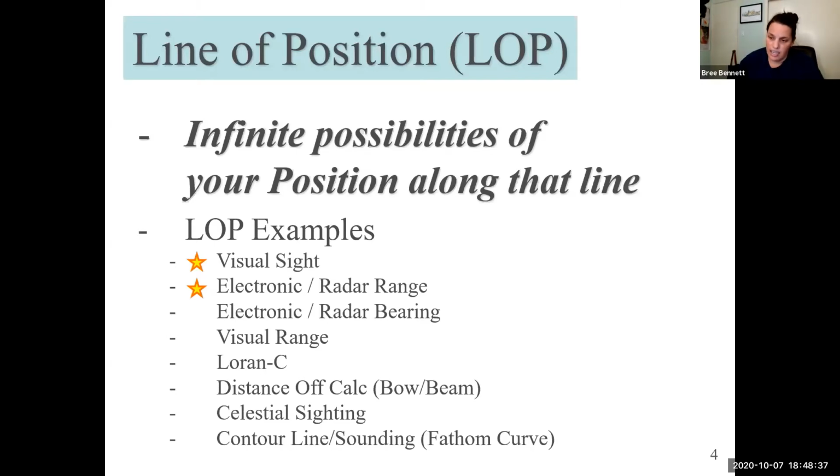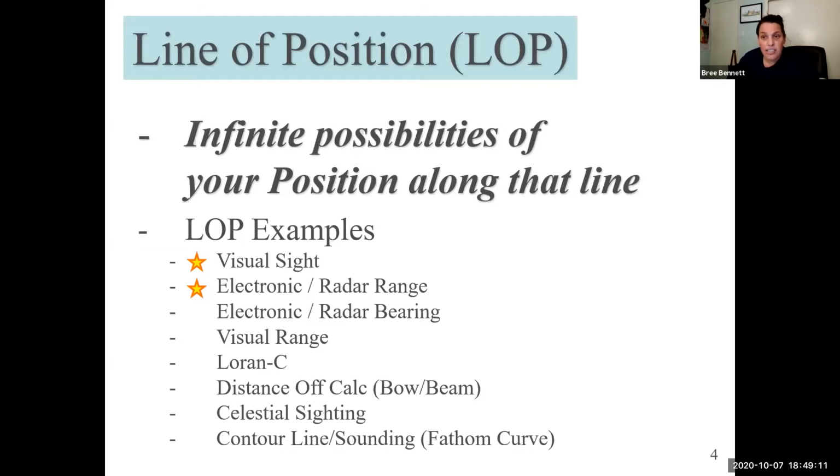Loran-C is on our training chart that we see, but it's not going to be used as an LOP in this class or a Coast Guard class anymore, but it is on the chart. And then we have our distance off calculations. We're going to do some bow and beam fixes next week, and we can use that distance off as an LOP, which makes it very handy for our quick fixes.